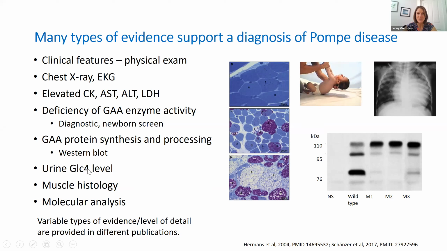We've talked about the Western blot. There are some biomarkers that can indicate Pompe, not specific, but certainly are seen in individuals with Pompe disease. Muscle histology, and then of course our molecular analysis. We wouldn't use that as support here because that's a circular thing, but lots of different things that we can consider when thinking whether someone has Pompe or not.